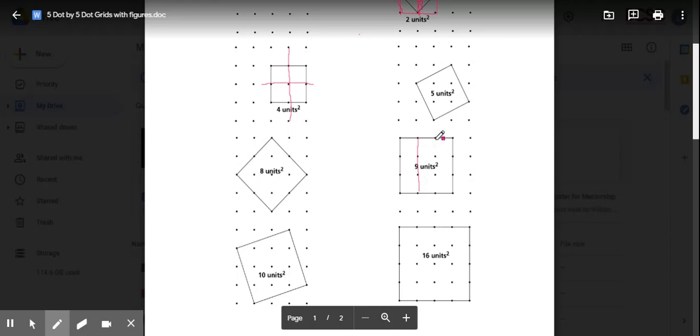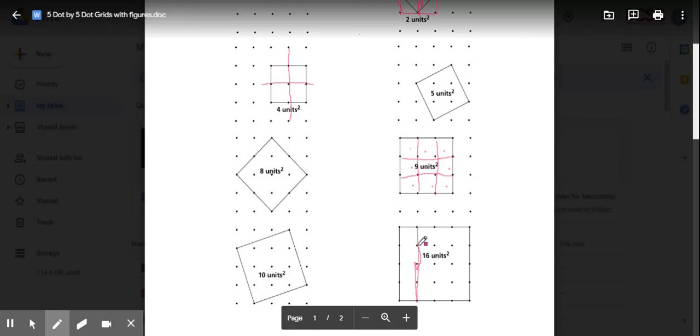So I'm going to draw all of those like this. And I'm going to count to make sure. 1, 2, 3, 4, 5, 6, 7, 8, 9. So there I have 9 units squared. So that justifies it. Or you can take 3 times 3.